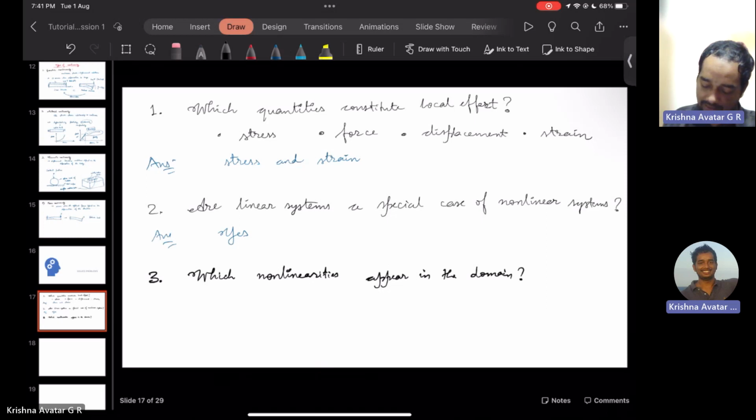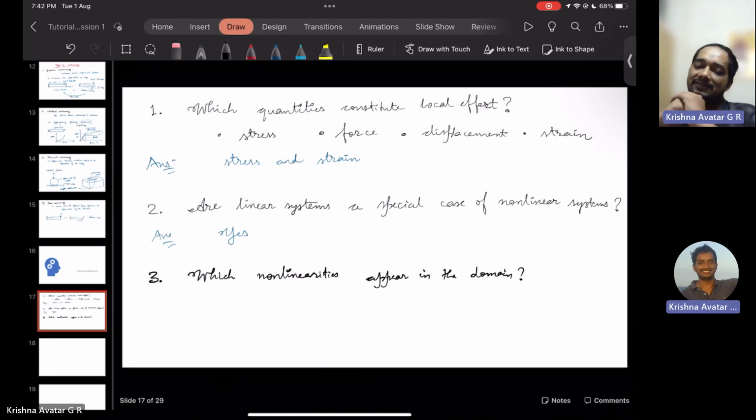The options are, I mean, you have all the 4 options: material, geometric, kinematic, and force. So which one of these nonlinearities appear in the domain? Which simply means which of them are locally defined.